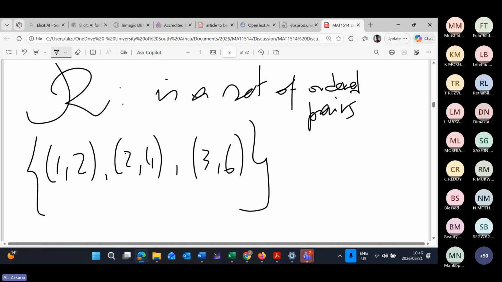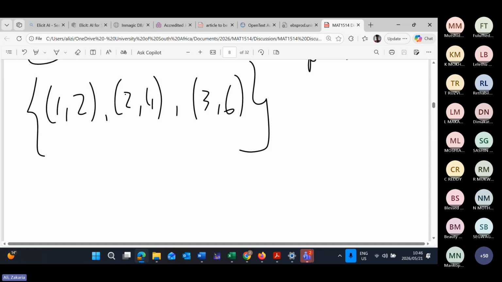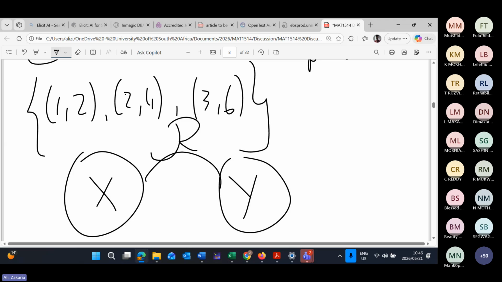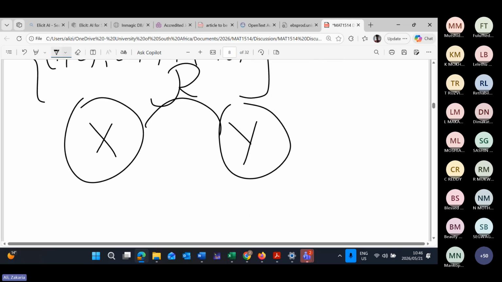we need to define something we call a domain. Basically, we have the set X, if we take the Venn diagram, and we have the set Y, and these two sets are related by something we call R. That was the relation. Let me write them inside.